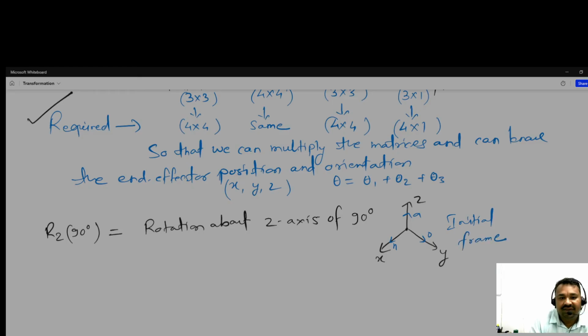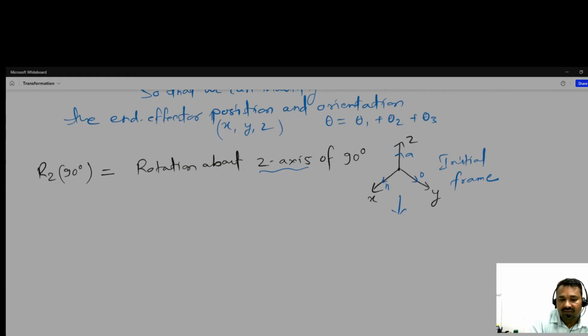After rotation about the z axis, it becomes x, y, z and n, o, a. x, y, z is the reference frame, and n, o, a is the moving frame. So it becomes rotation about z.